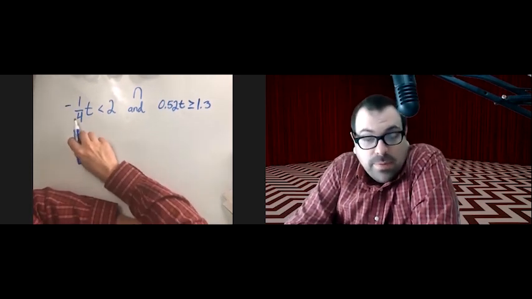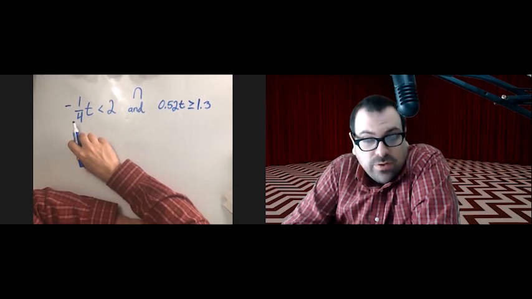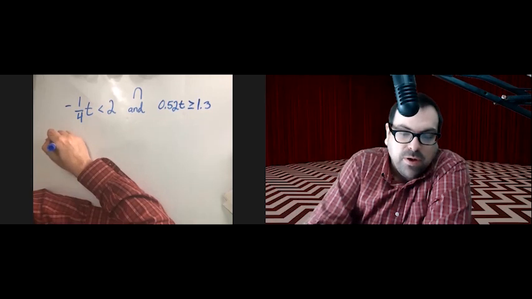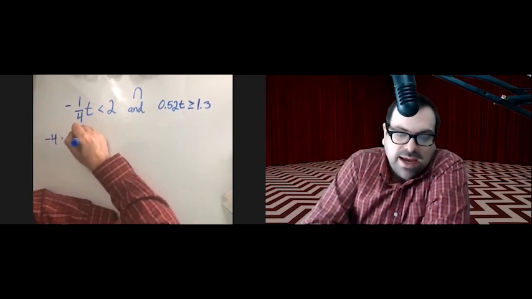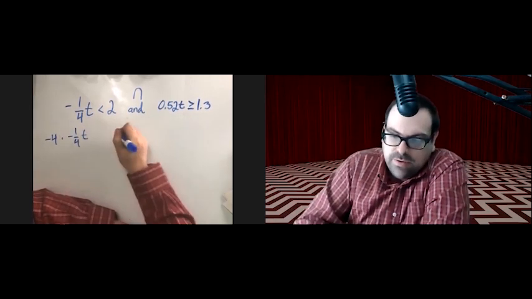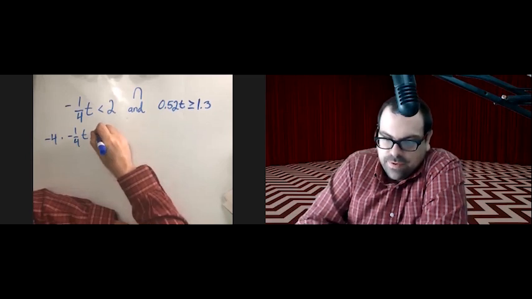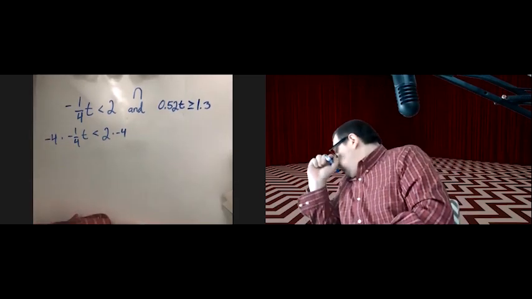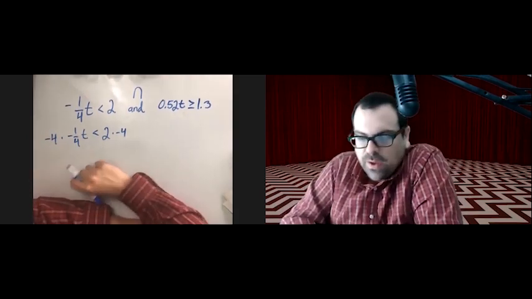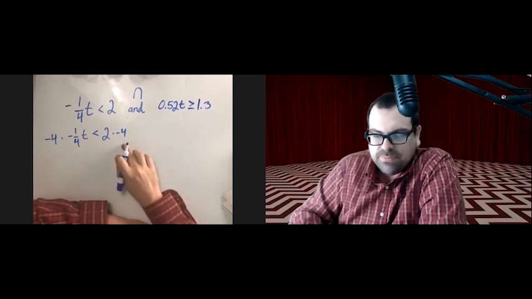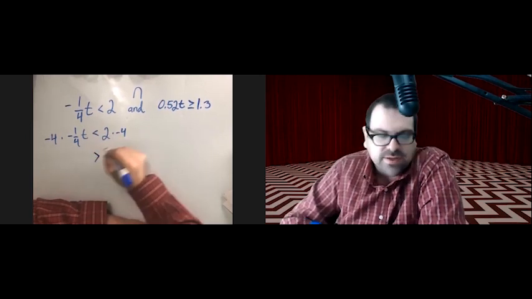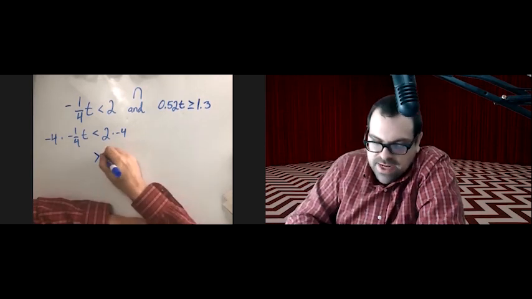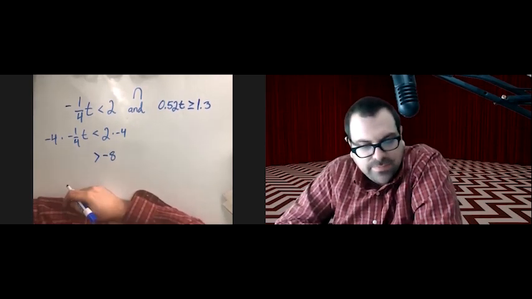Getting rid of dividing by -1/4, we can multiply both sides by the reciprocal. That would be multiplying both sides by -4. And once we multiply both sides by a negative, that's going to switch it from a less than to a greater than. 2 times -4 is -8.